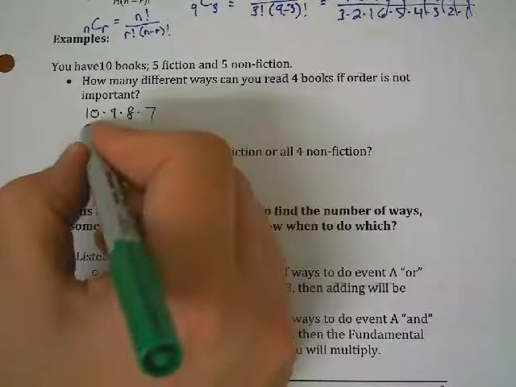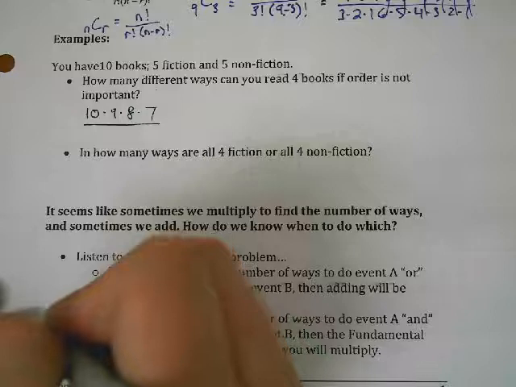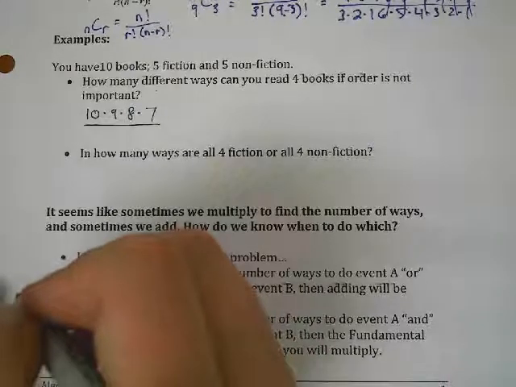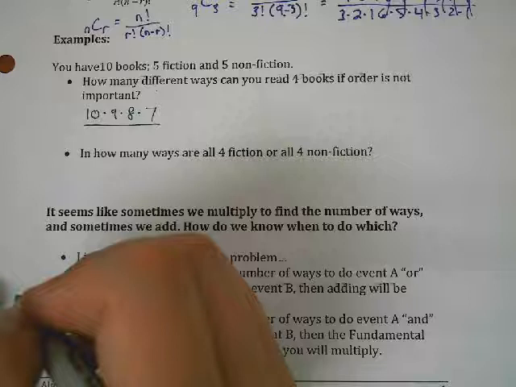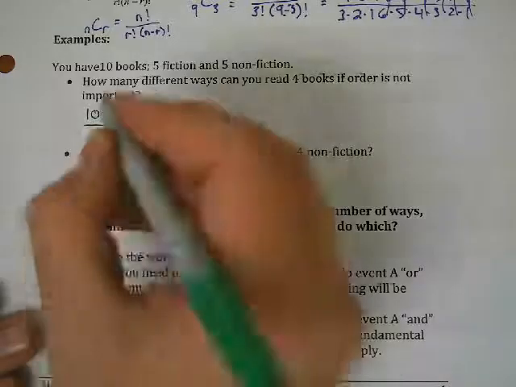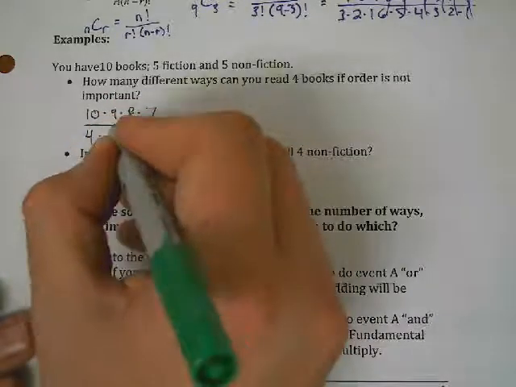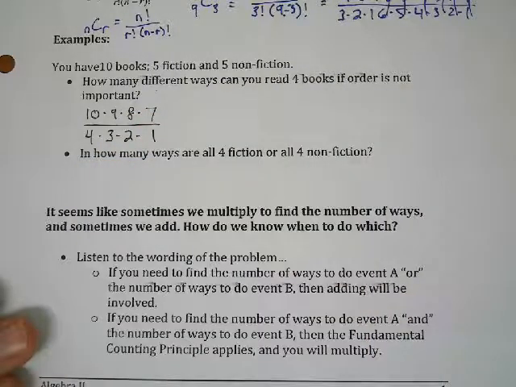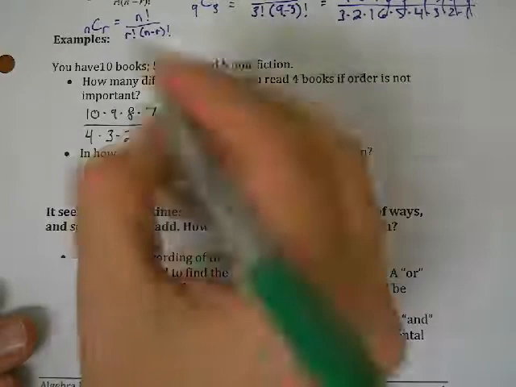But since order is not important, we have to divide out all the repeat reads, meaning we don't want to count A, B, C, and D as different from A, B, D, and C. So the way that we do that is we have to divide by how many different ways we could rearrange those 4 books that we picked. And that's 4 times 3 times 2 times 1. This eliminates all the repeat reads where we just read the same 4 books in a different order.